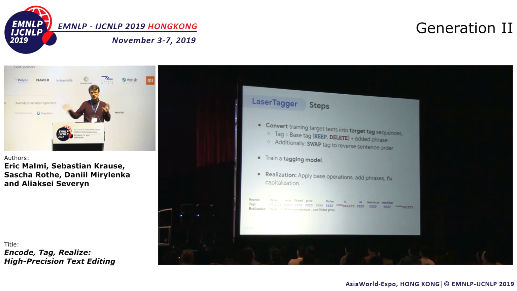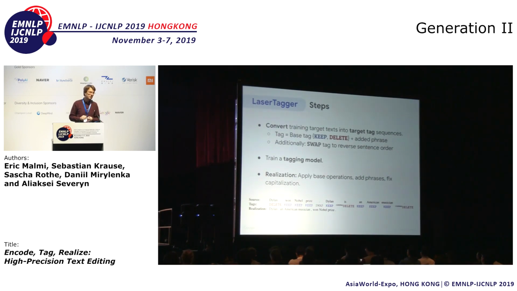Swap reverses the order of two sentences. This is especially useful for the sentence fusion task. Then we train a tagging model to predict these edit operations. Finally, at inference time, we predict the operations and we realize the output. This involves applying the edit operations, but also doing things like fixing capitalization around changed sentence boundaries.